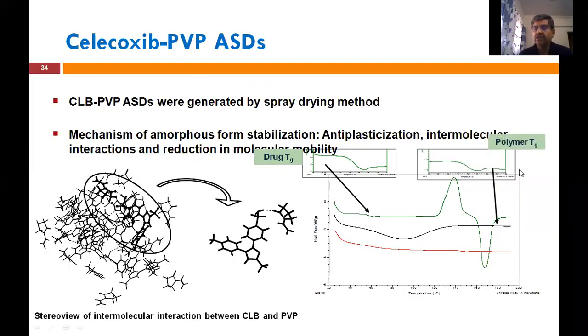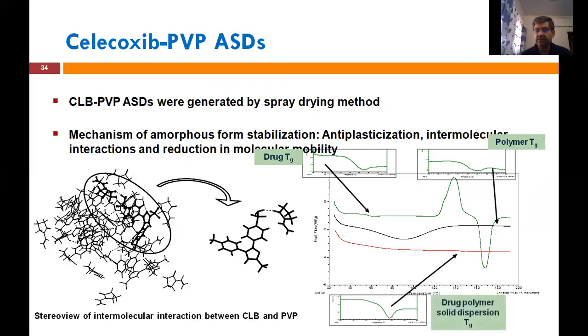The black curve shows the Tg of the polymer, that is PVP, which is around 169 or 170, and the red line shows the Tg that was obtained with the drug polymer mixture, and the ratio here was 4:1, which means 4 parts of celecoxib and 1 part of PVP. And you can see a Tg value, which was midway between the Tg value of drug and the polymer, was achieved in the case of amorphous solid dispersion, which will obviously tend to stabilize the amorphous form of the drug.